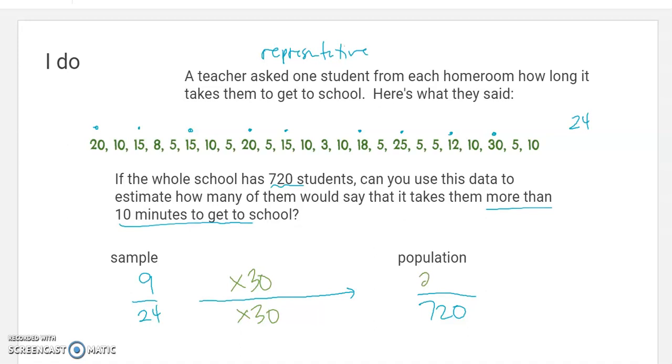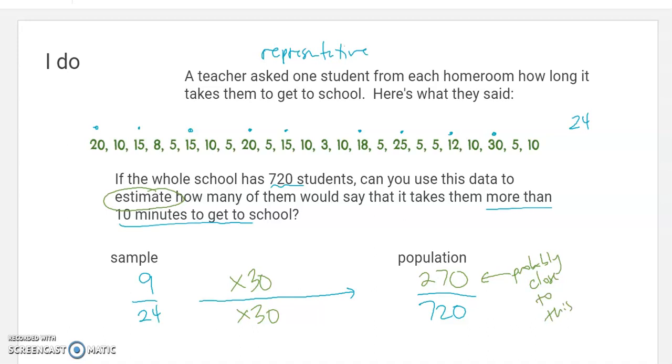So 9 times 3 is 27, plus a 0. So probably around 270. Just like probability, when we talk statistics, we're making, remember, a prediction or an estimate here. So keep in mind, this isn't a strict ratio. This is just an estimate or a prediction, but it's probably close to this. Probably around 270.